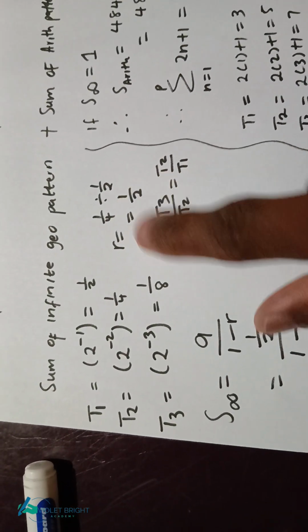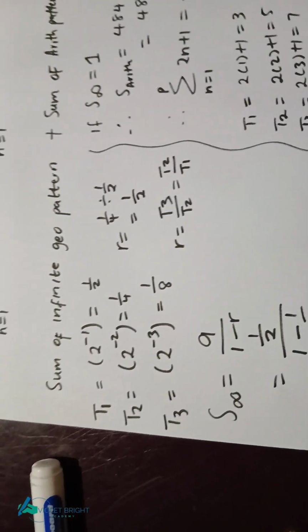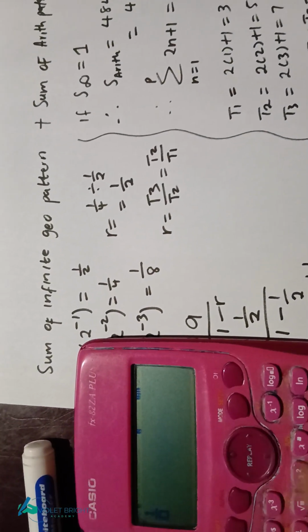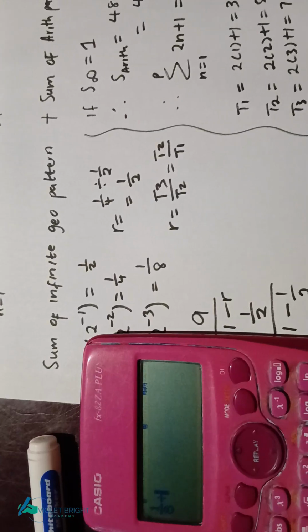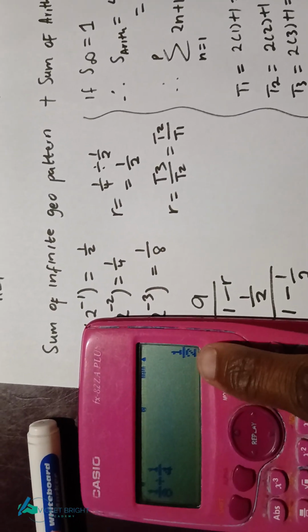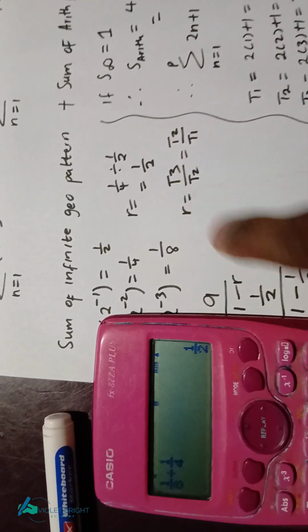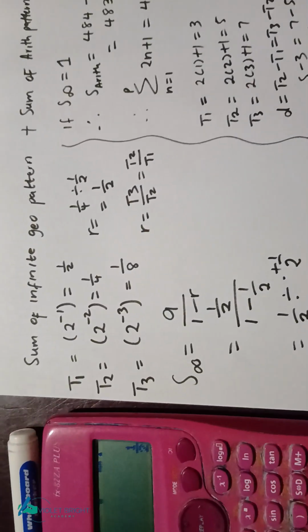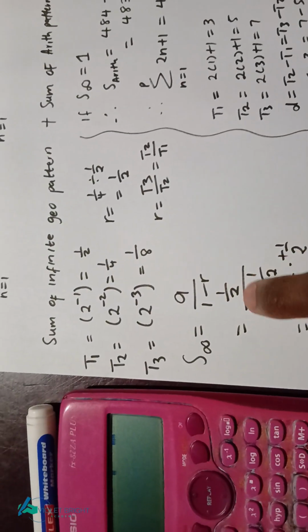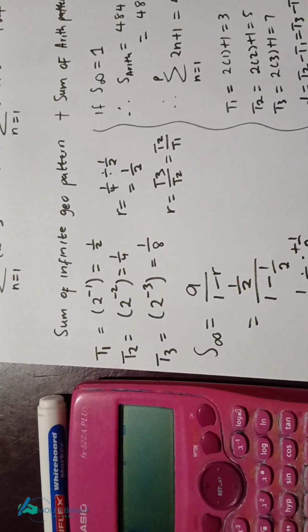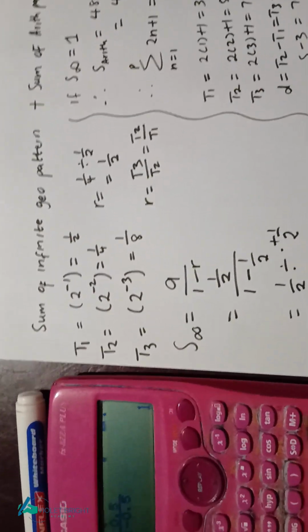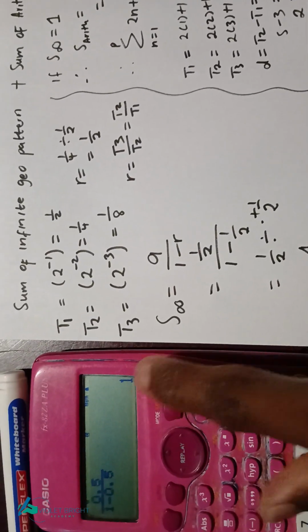And even if we take T3, which is 1/8, divided by T2, 1/4, it still gives us a half. It shows that the constant ratio is a half. Then when we punch everything in the calculator, it gives us 1.